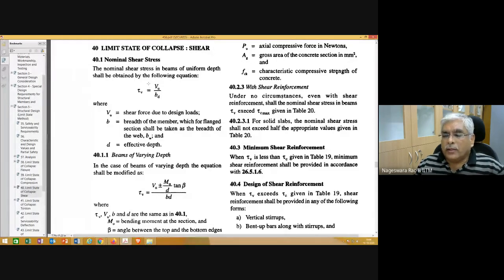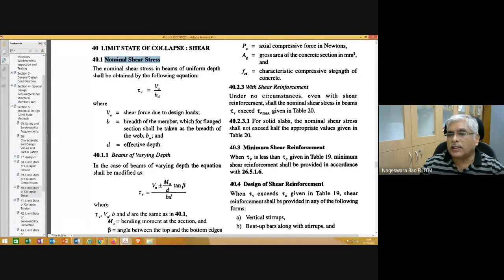Shear force at any section you will be able to estimate from your concepts of structural analysis. Once you get your shear force, how to get the shear stress or nominal shear stress?